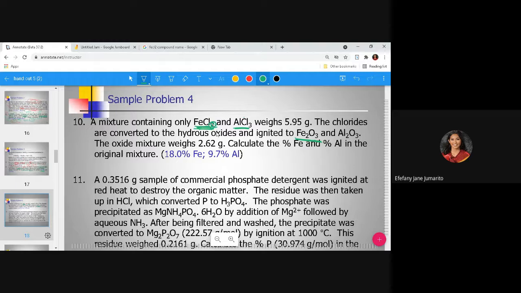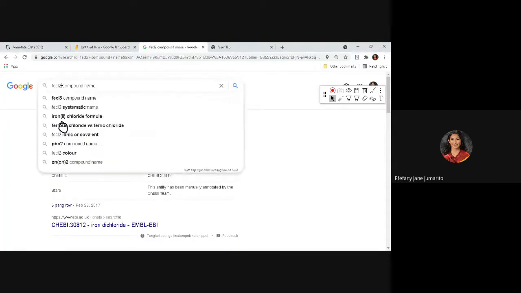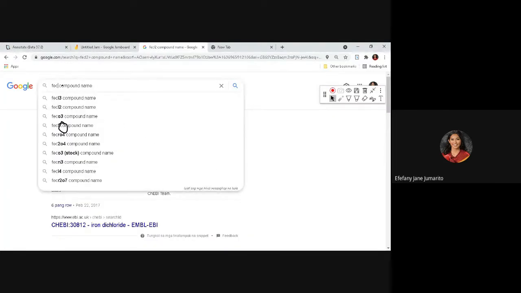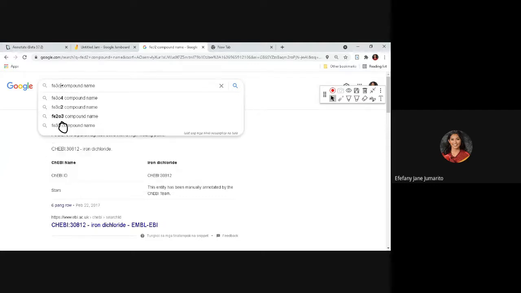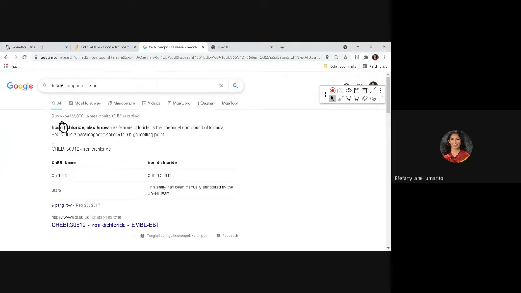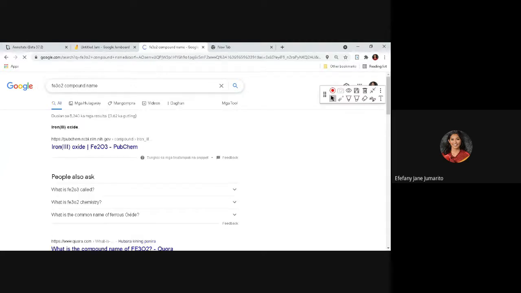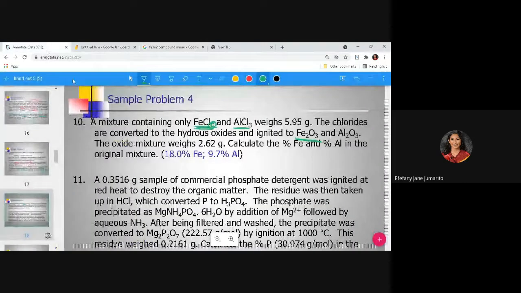Ferric. So iron(III) or ferric oxide, and then we have aluminum oxide.